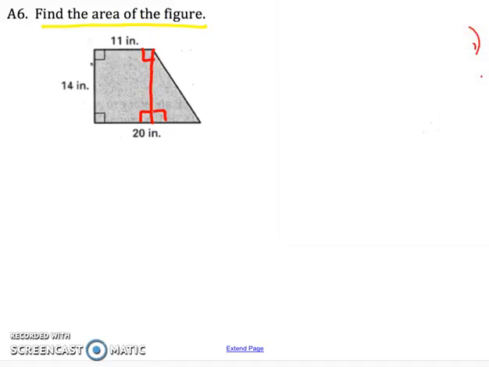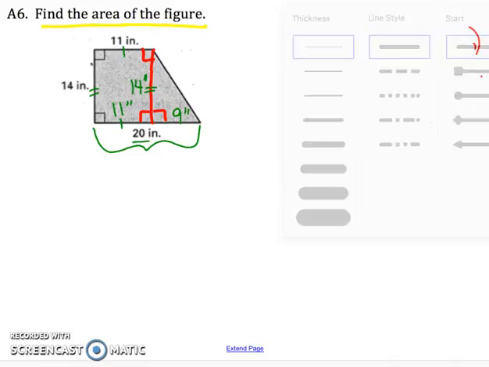We know in rectangles the opposite sides are congruent, so this is 11 inches. And then this would give me 14 inches. And in the triangle, since this entire length is 20, I know 20 minus the 11 gives me a 9-inch base.